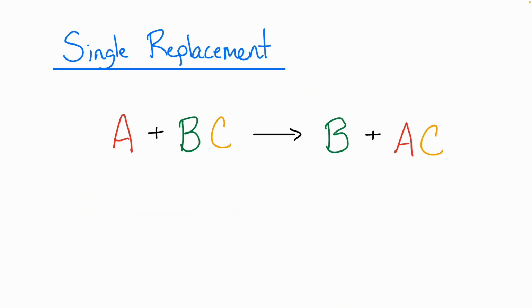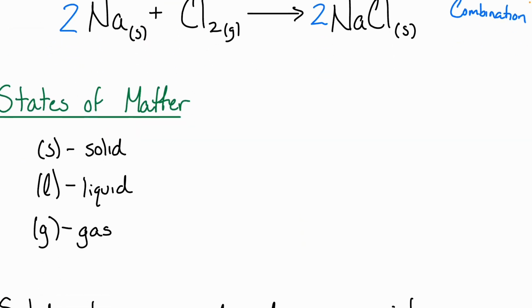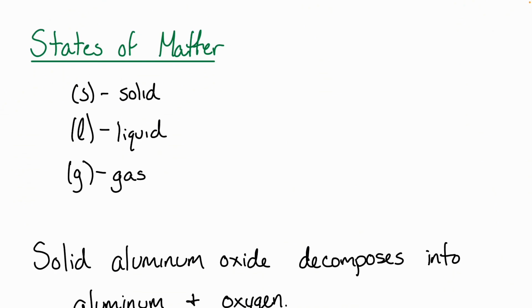Okay. Let's look at an example of this type of reaction here, but the first thing that we need to do is we actually need to update our states of matter here to include one more. It's not technically a state of matter, but it is a form in which we see chemical reactions occurring a lot, and that is what's called an aqueous solution.